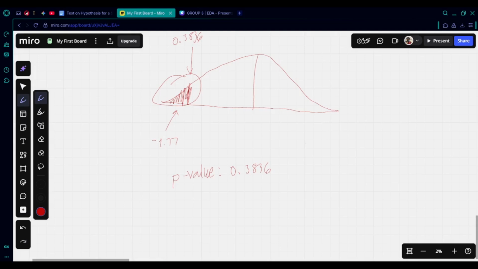We will now compare it to our alpha level. Our alpha level is equal to 0.01. As you may notice, our P value is greater than 0.01. So what we conclude here is that since our P value is greater than the alpha level, we fail to reject the null hypothesis.